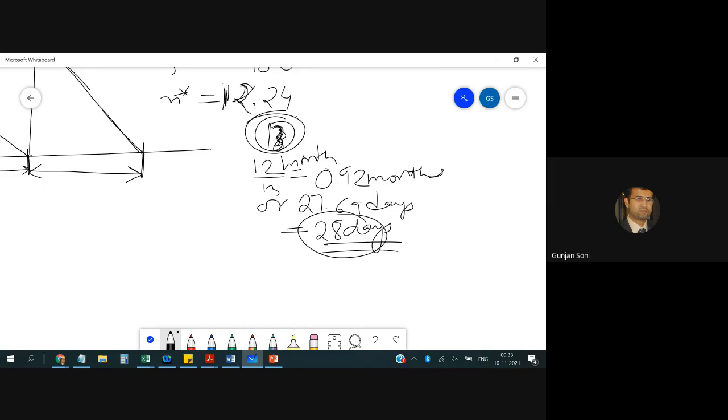So let's correct it again. n star was 12.24. We take it as it is. That is, 12.24 is the frequency with which we are ordering, 12.24 per year. Then we go ahead and find out in terms of months. So 12.24 divided by 13 will give me 0.941.